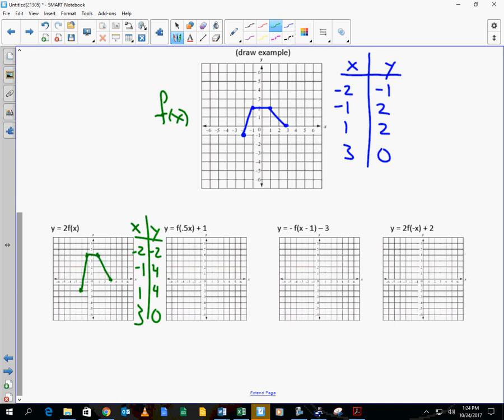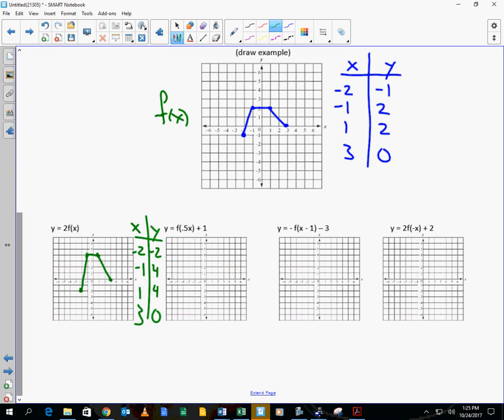Now, the actual coordinate planes I've provided are not identical in size, okay? And so it may look a little deceiving, but do you see that this is stretched twice what that is? And it's stretched about the origin. I want to keep that clear, that the origin is the point that's held in the exact same position, okay?